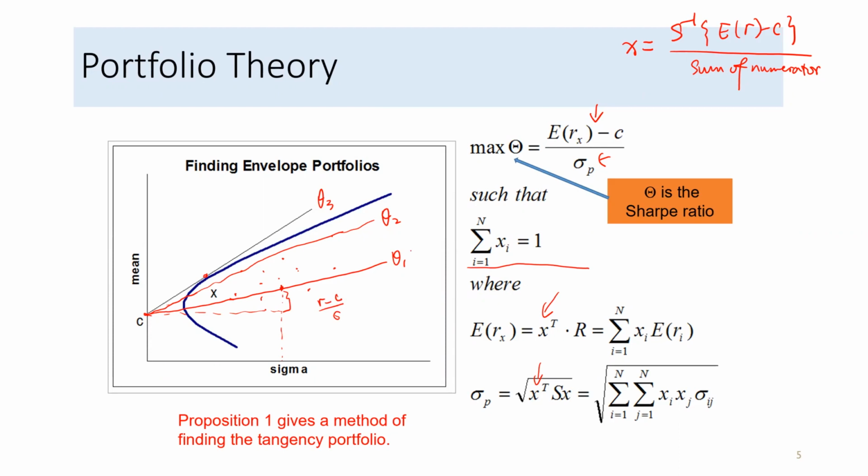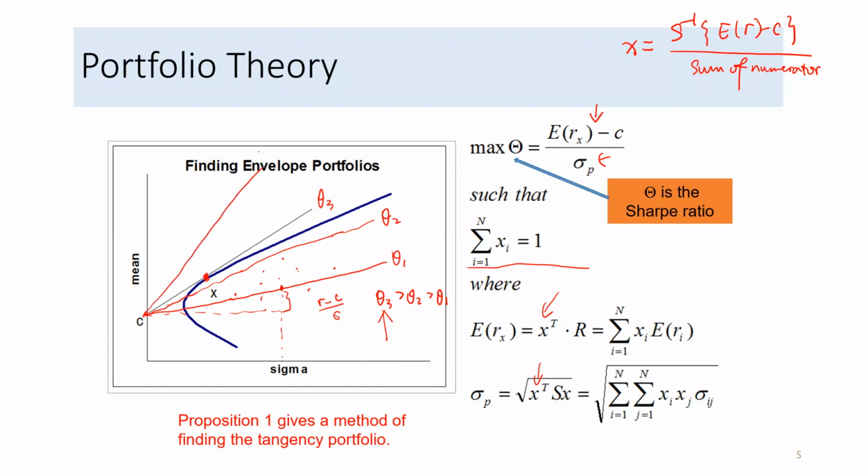So now here we're gonna easily see that theta 3 is greater than theta 2, greater than theta 1. So the max will be theta 3, given this level of constant. So therefore, we cannot find any other combination given this level of C. We cannot find any other combination of risk and return, or portfolios, a combination of different N assets, that yields a larger theta than theta 3.